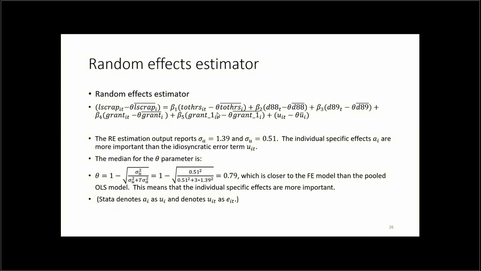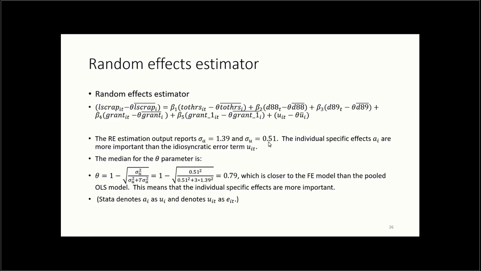So here, when we have random effects estimation, the output reports that sigma of A is 1.39 and sigma of u is 0.51. So here you see that the individual specific effect would be more important than the idiosyncratic term. So basically there is more standard deviation or variance here than here. So the individual specific effects seem kind of important.